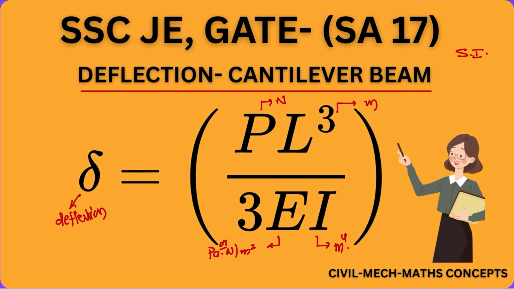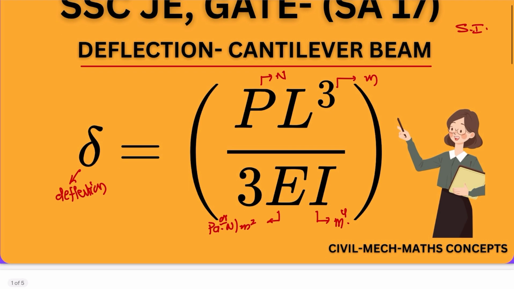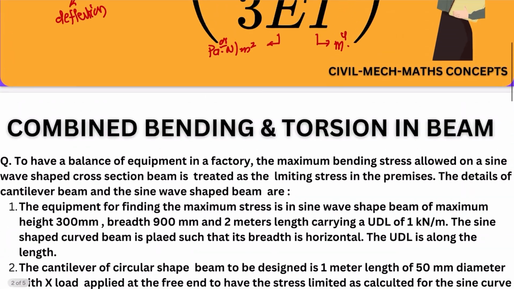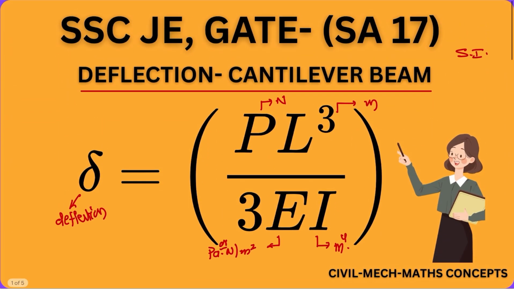Please remember this formula. In the last part of the question, what we have to do is find the maximum deflection. Where will the maximum deflection be? The cantilever beam will be like this, subjected to a point load P, of length L. The deflected shape will be the deflection curve, it is not a straight line, whereas in case of bending moment, it is a straight line.